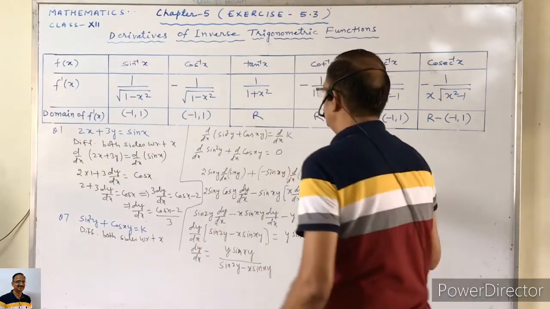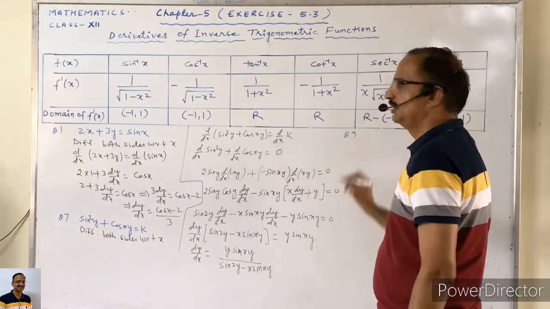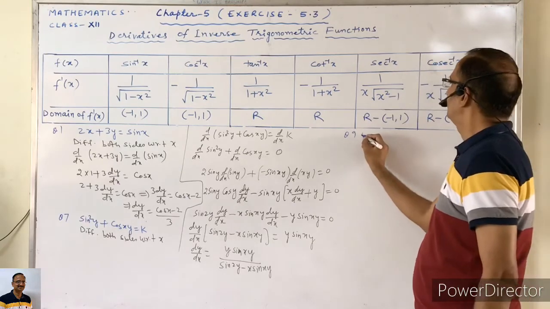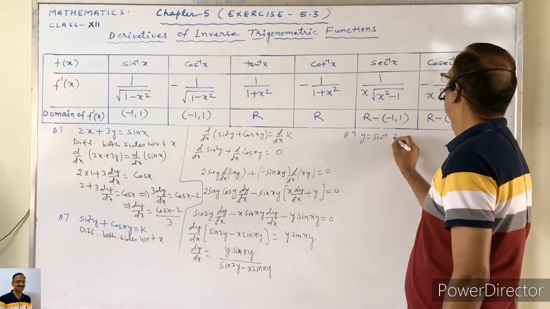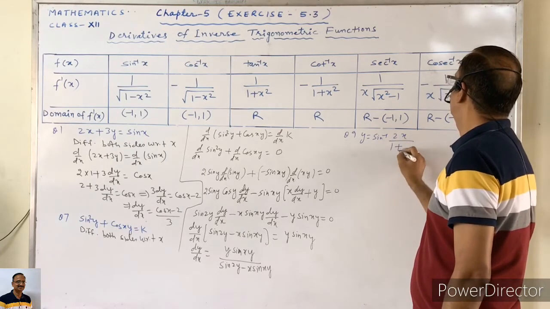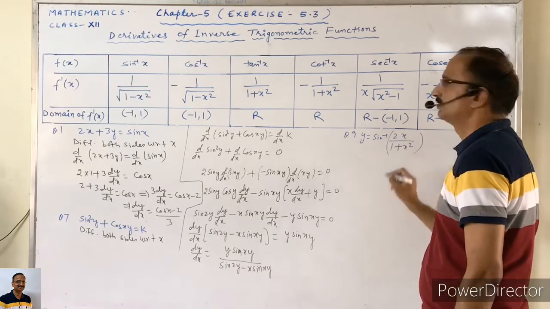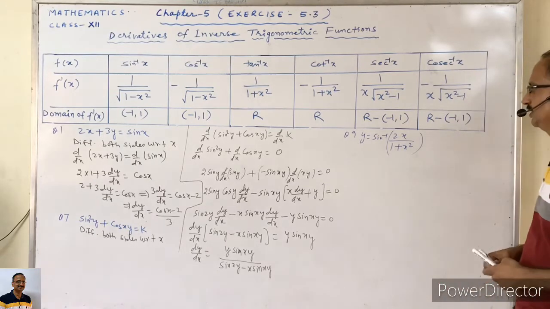Now come to question number 9. Question number 9 is y equals to sine inverse 2x by 1 plus x square. This is the question.